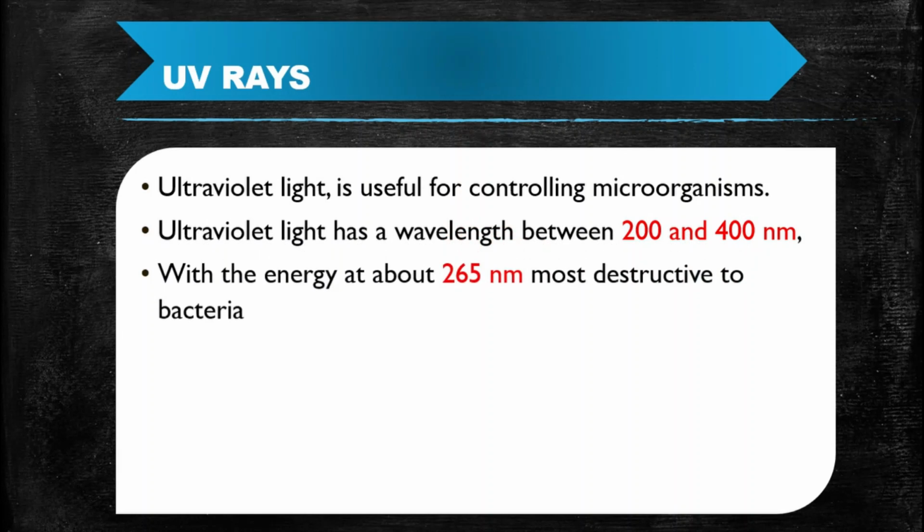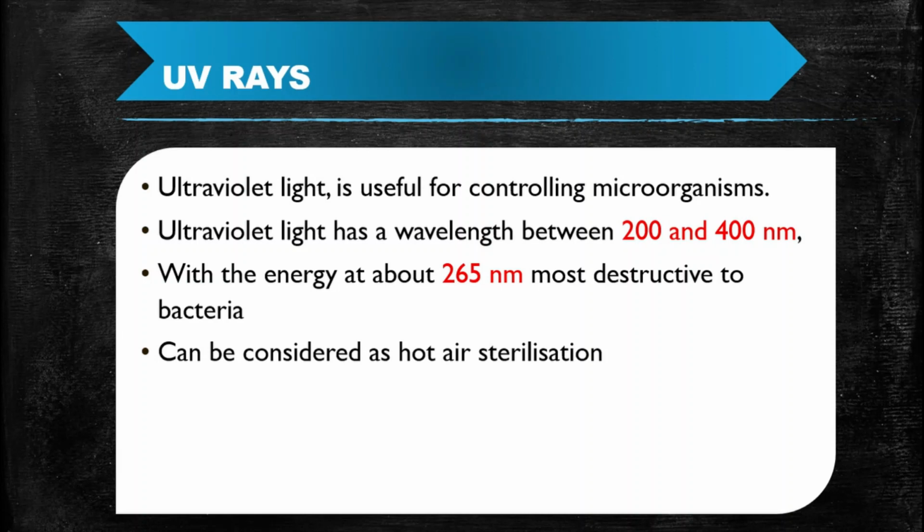The energy at about 265 nanometers is most destructive to bacteria. Although the range is 200 to 400, the 265 nanometer wavelength is found to be the most destructive to most bacteria. At this wavelength, they can be easily destroyed or killed, and it can be considered as a hot air sterilization.